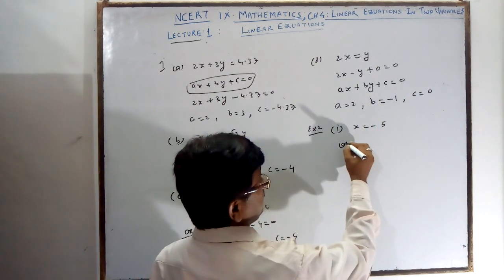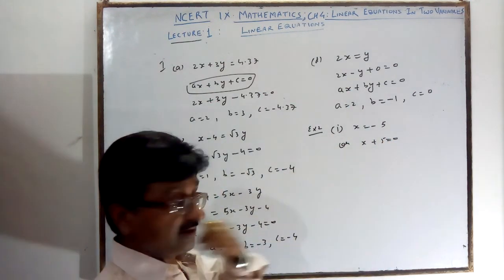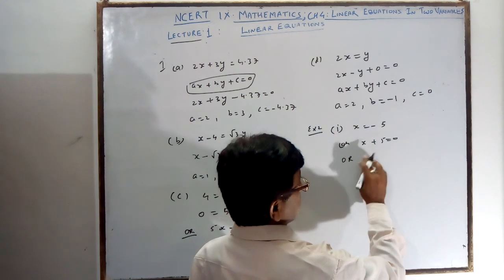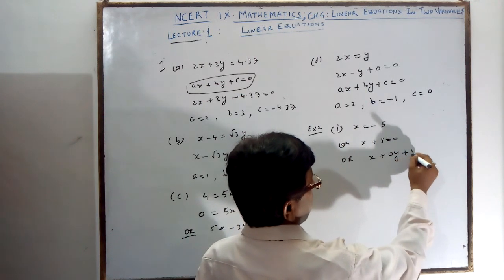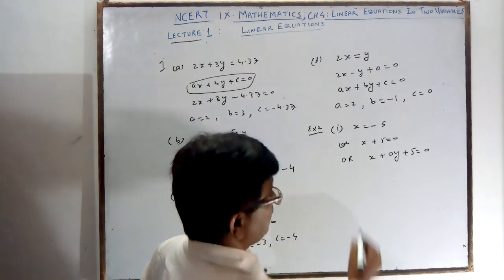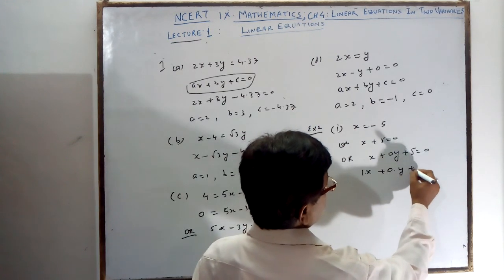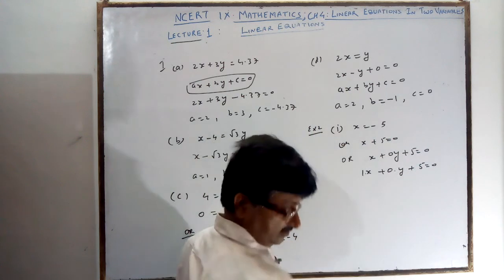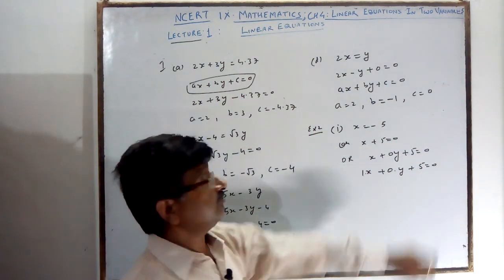So you can write x plus 5 is equal to 0. But it has one variable. You can write this as 1x plus 0y plus 5 is equal to 0. It is the equation which you are writing, comparing with ax plus by plus c. What is a? a is equal to 1, b equal to 0, c equal to 5.